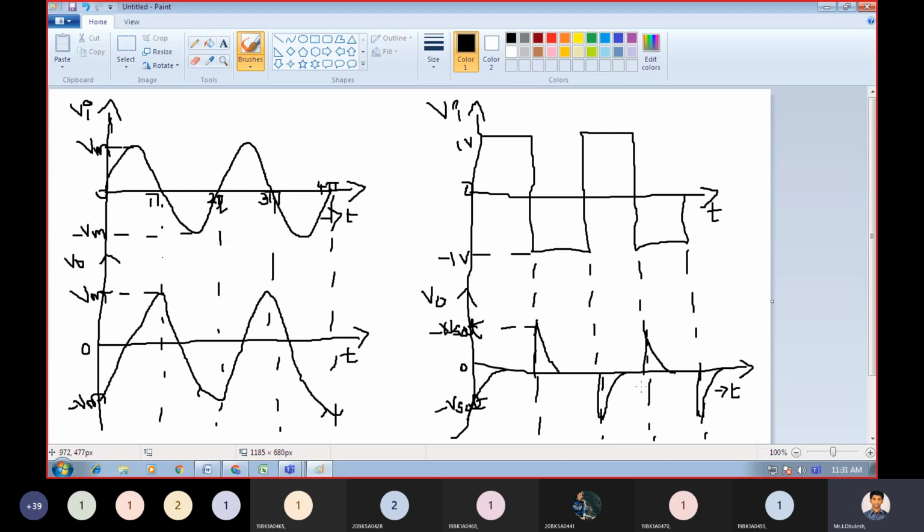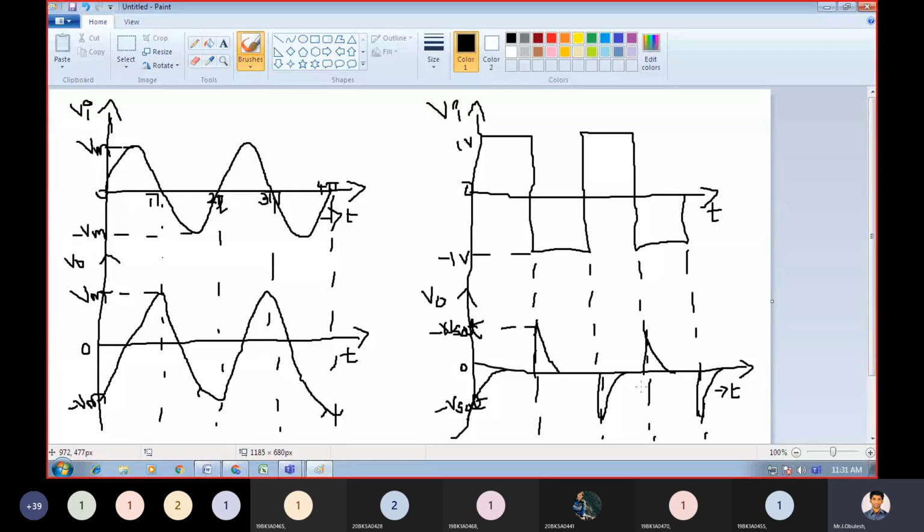However, when the input transits between the plus or minus 1 volt level, the slope of the input is infinite for an ideal square wave.